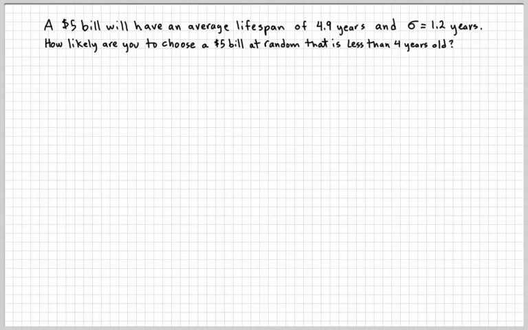So if you had access to $5 bills, how likely is it that you're going to choose a $5 bill that is less than 4 years old? And yes, this type of question is silly, but would you want to know something like that?